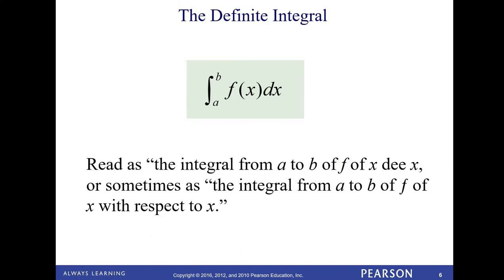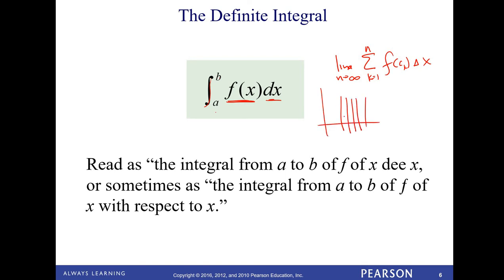All right, so the definite integral. This is how we are going to change that sum notation into integral notation. So instead of saying the limit as n approaches infinity of the sum as k goes to n of f of c sub k times delta x, we are now using this notation. There's my a to b, that's my interval of the function along the x-axis.